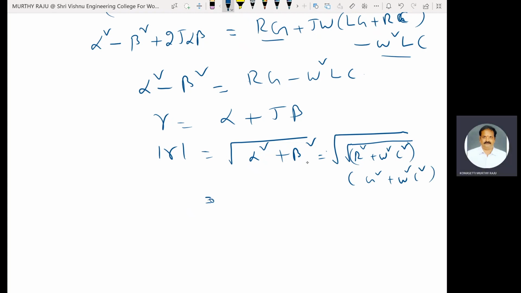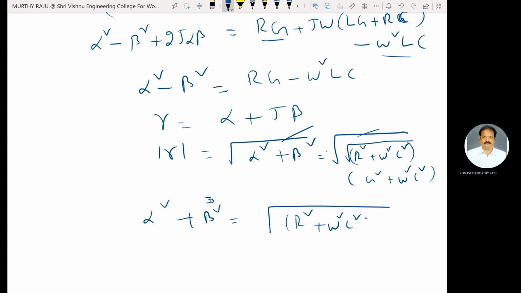These two are equal, so alpha square plus beta square is equal to square root of (R square plus omega square L square) into (G square plus omega square C square).